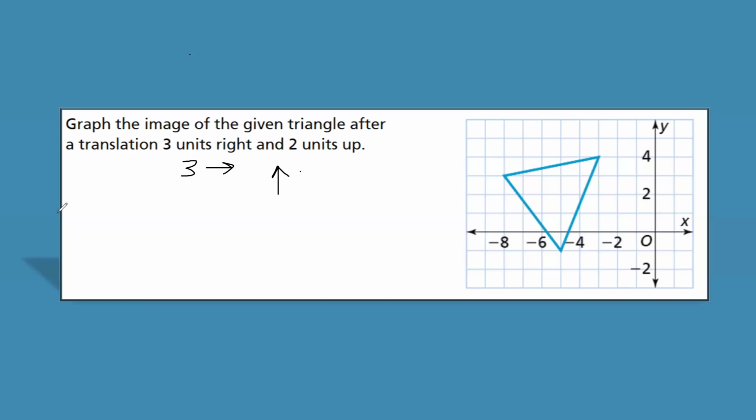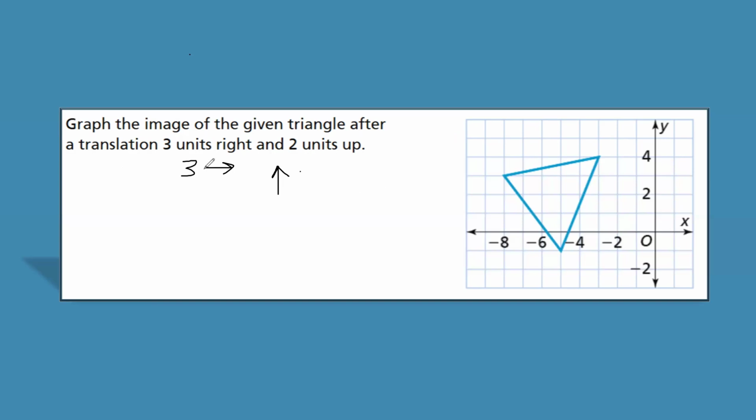We said before, when we want to draw any translation for my triangle, first I need to make sure my coordinate plane skips by 1. Yes, this is 1 and this is 2. So it's skip by 1.